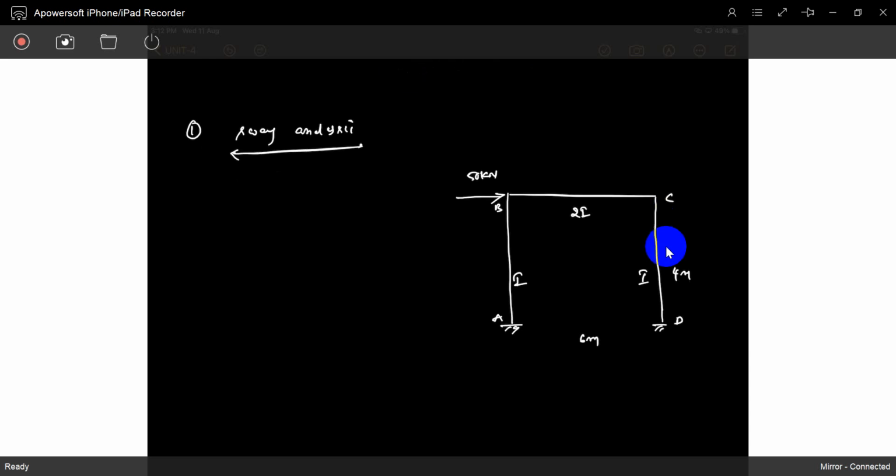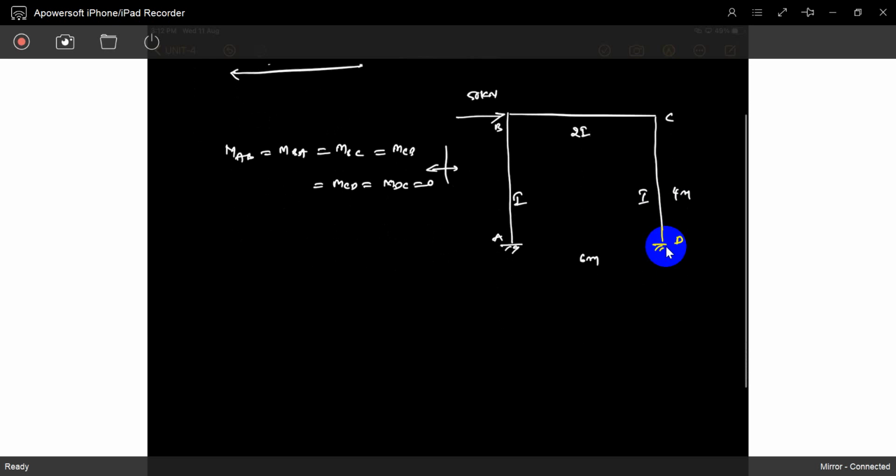Now see, fixed end moments: MAB, MBA, MBC, MCB, MCD, MDC, all are 0 because there is no loading at all.